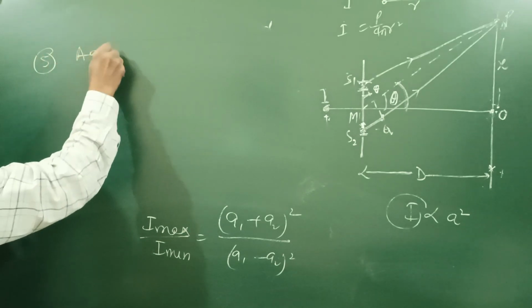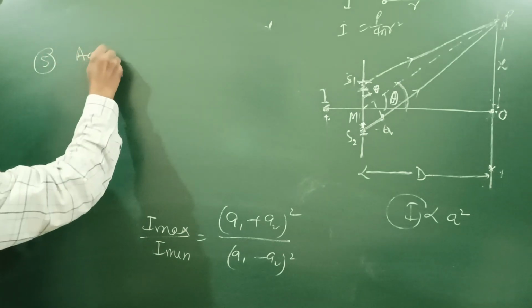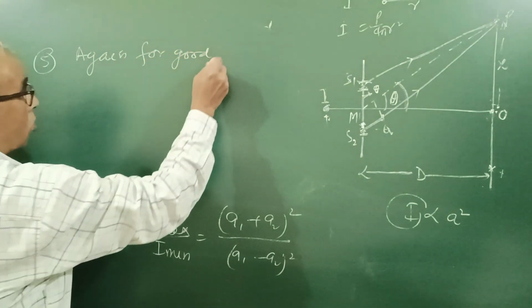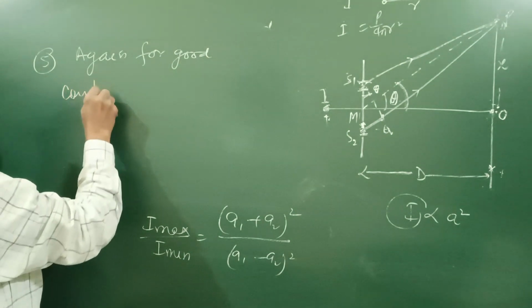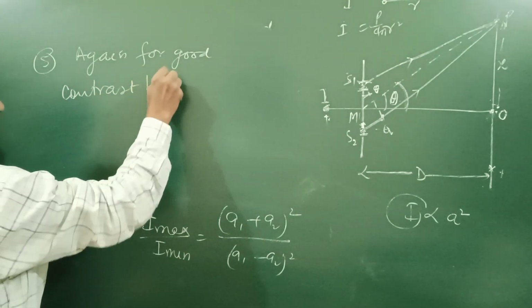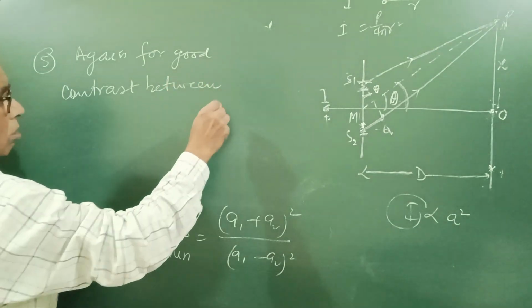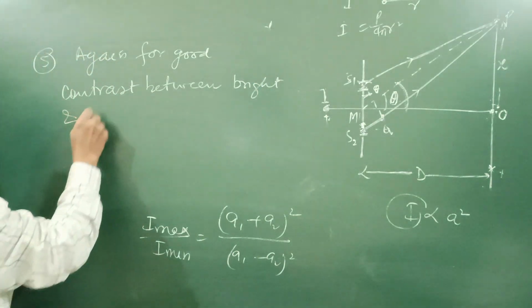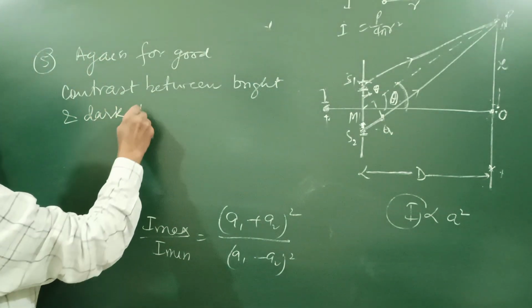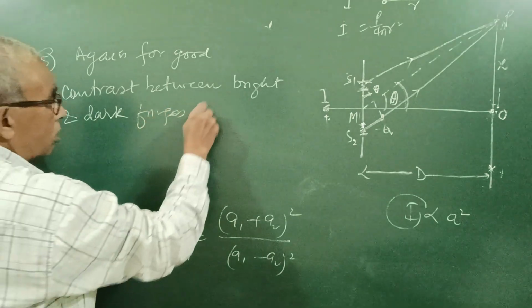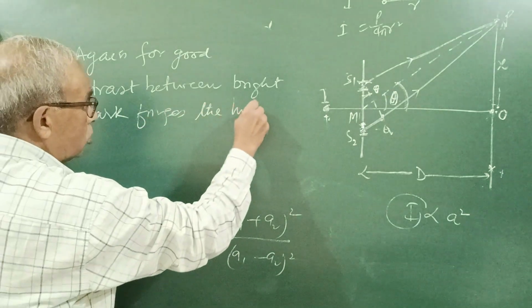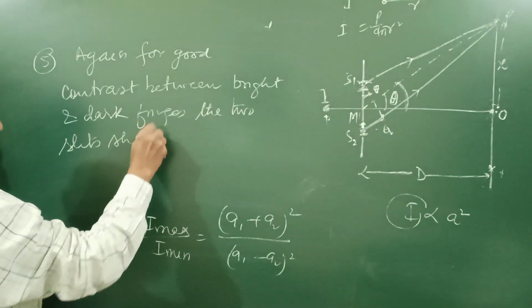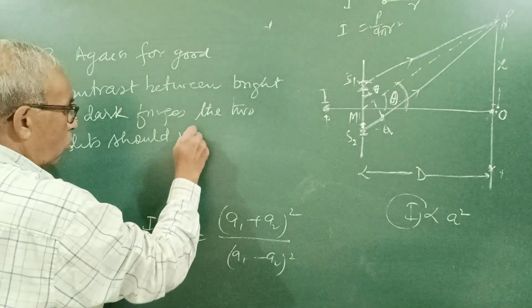Again, for good contrast between bright and dark fringes, the two slits should be very narrow.